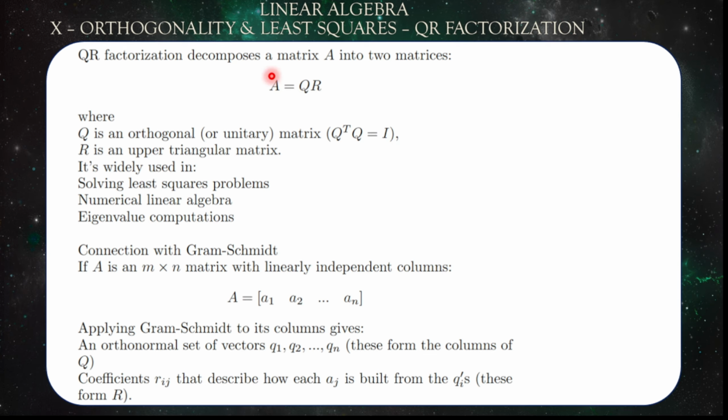QR factorization decomposes a matrix A into two matrices, A equals Q times R, where Q is the orthogonal or unitary matrix, which has the property that the transpose of Q multiplied by Q gives you back the identity matrix, and R is the upper triangular matrix, which means every element below the diagonal is 0.